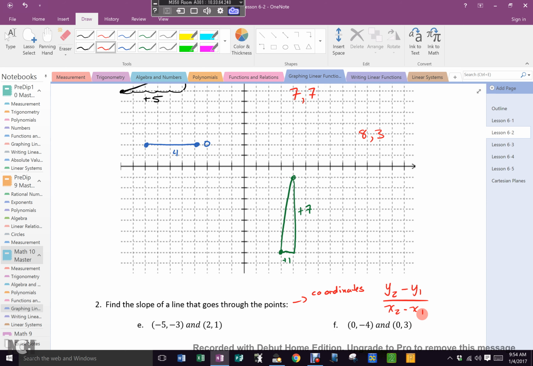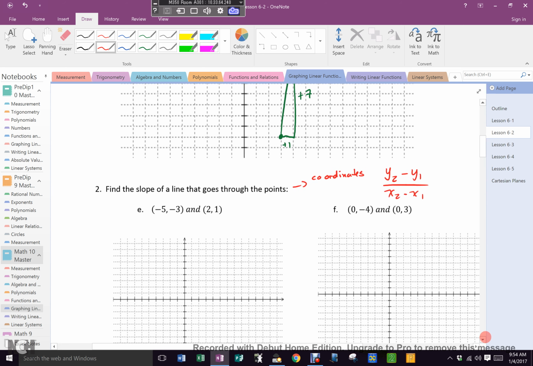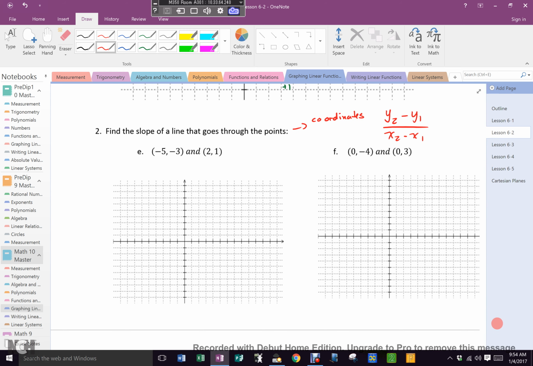Is everybody with me? So let's see. Let's put this into action. Do you guys have these graphs here? You do, right? You only have one? You have this one with E, right? Yeah, that's fine. But you have both these points, but only one graph, right? Good. That's what I wanted you to have.